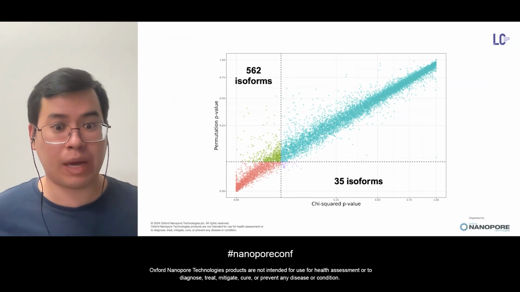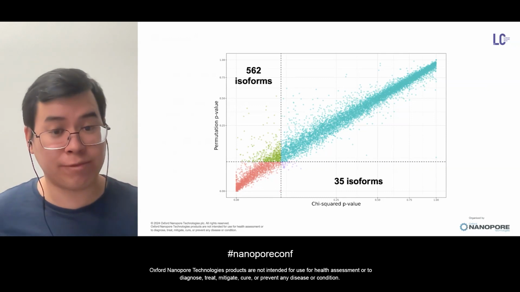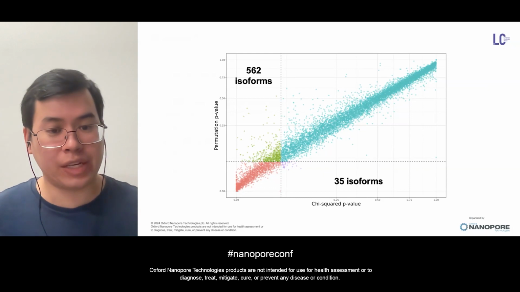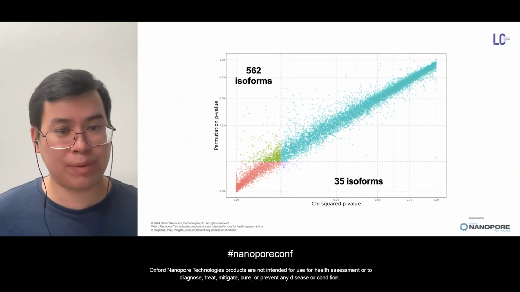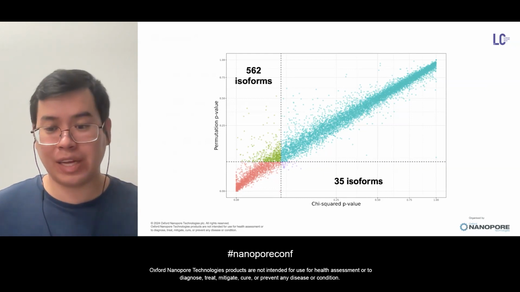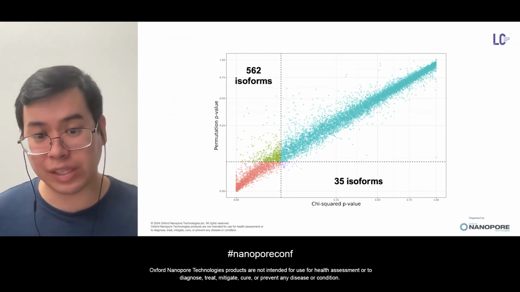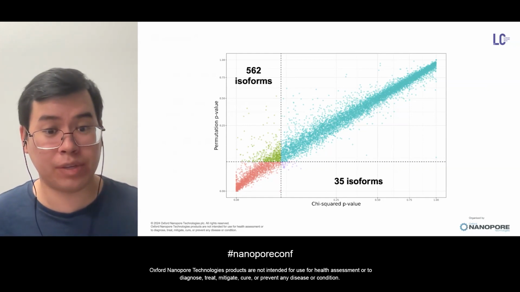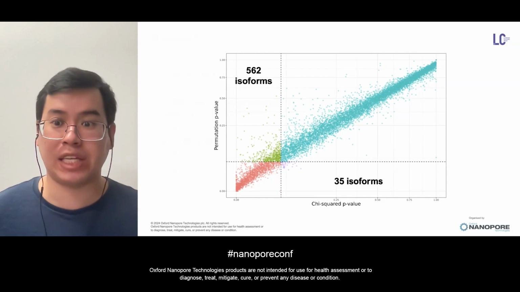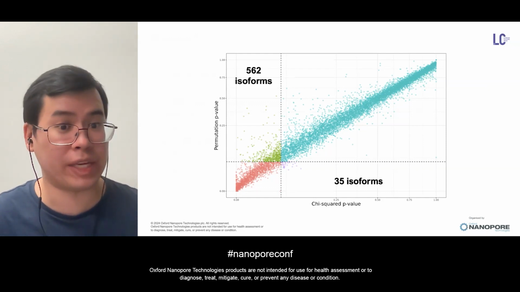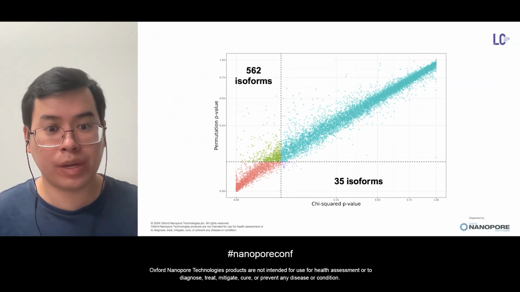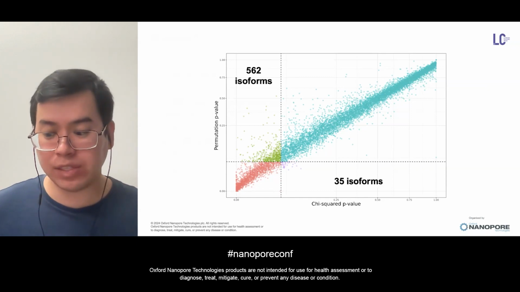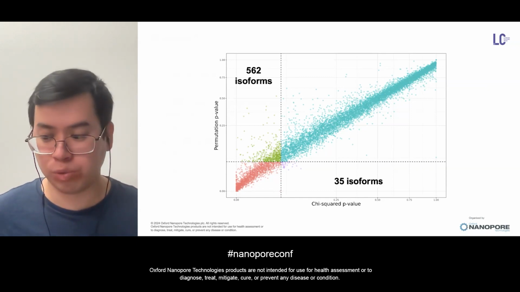And you can sort of see that happening here because permutation is finding fewer significant isoforms. Now, on the other hand, it's also interesting to note here that we're finding some isoforms that were significant, especially uniquely, for the permutation testing. And so we're actually picking up slightly different aspects of the data set here than if you were just doing a chi-squared test.